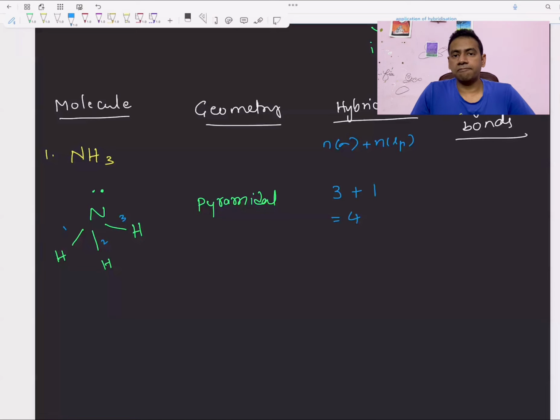Now there are 4 hybrid orbitals. And why 4 hybrid orbitals? As we discussed so far, in most cases hybrid orbitals form only sigma bonds, and a lone pair or unpaired electron is present in a hybrid orbital. So we get 4 hybrid orbitals, for which hybridization? sp3 hybridization. Therefore, nitrogen in ammonia is sp3 hybridized.